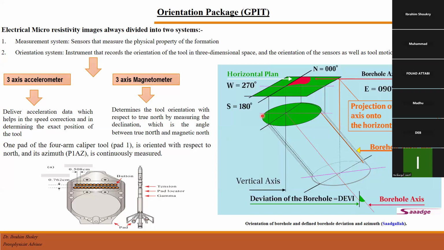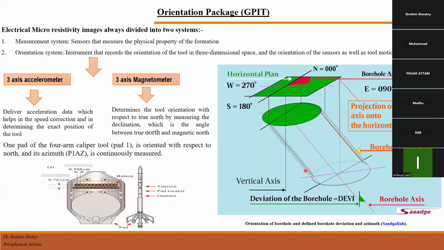So again, the first component consists of sensors which directly measure the formation's physical property, such as the resistivity tool, which can capture a resistivity image.